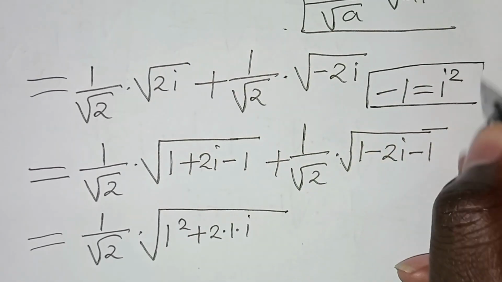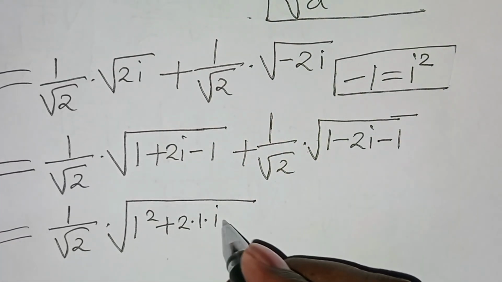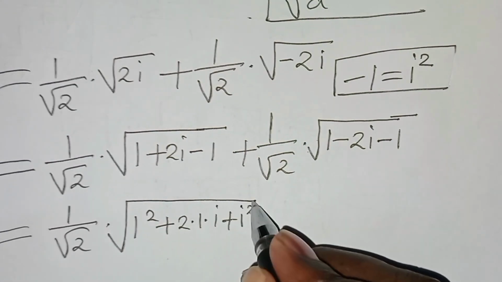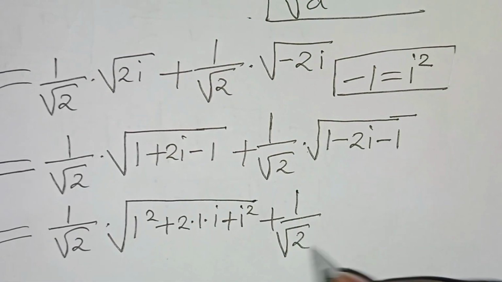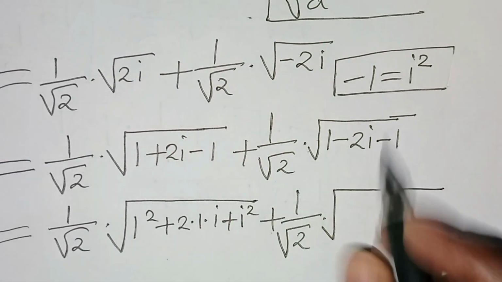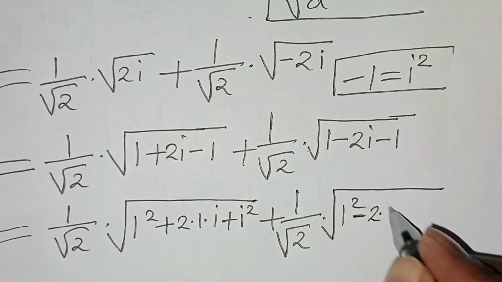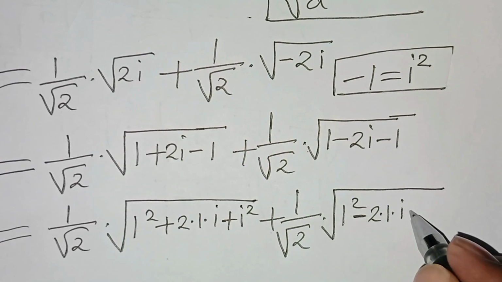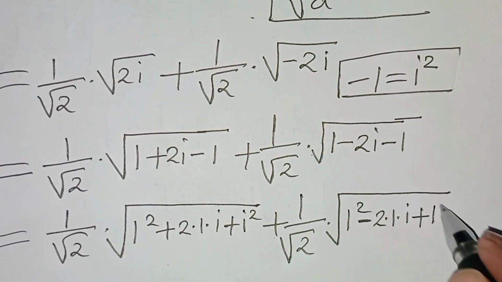Negative 1 is the same thing as i squared. Let's substitute this. So here, we'll have plus i squared, then plus 1 over square root of 2 multiplied by the square root of 1 squared, subtract 2 times 1 times i, then here negative 1 is the same as i squared, so plus i squared.